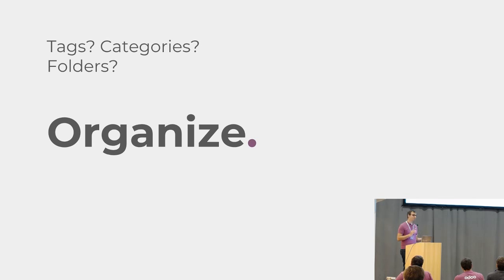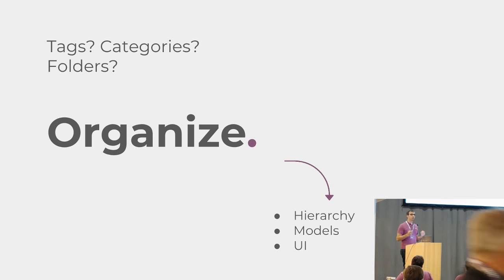So we start to think about tags, categories, some kind of hierarchy, yes, folders maybe. We start to think about how we are going to represent them in the Odoo system, and also to have a useful UI, an easy to use, simple UI for users to handle them.